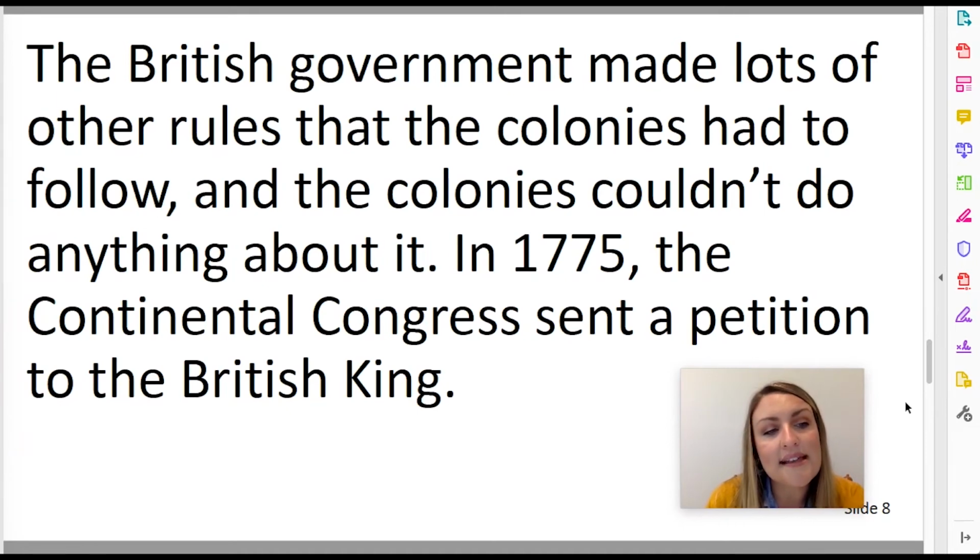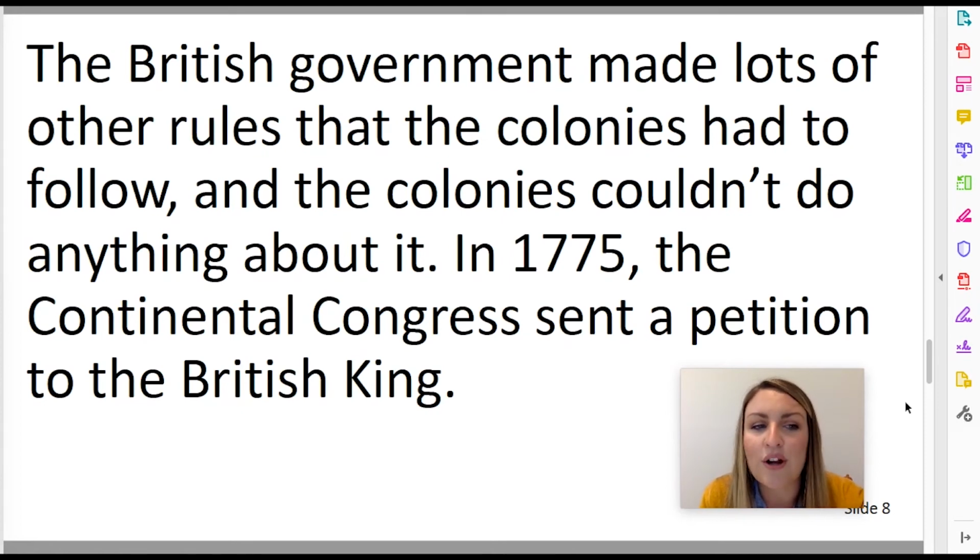In 1775, the Continental Congress sent a petition to the British king. Did you hear something else that displeased the colonies? Yes, the British made lots of rules they had to follow, and they couldn't do anything about it.